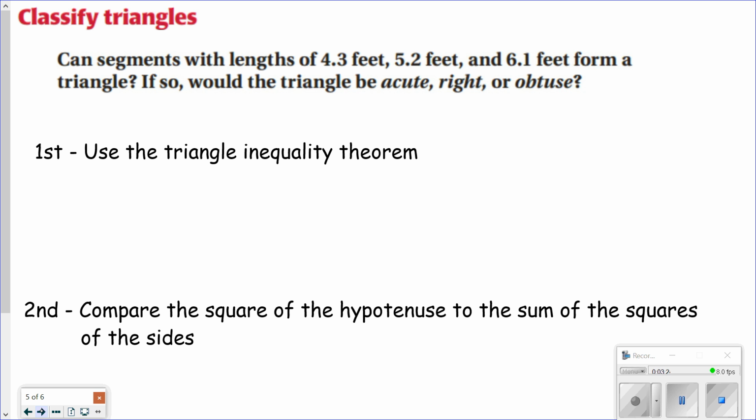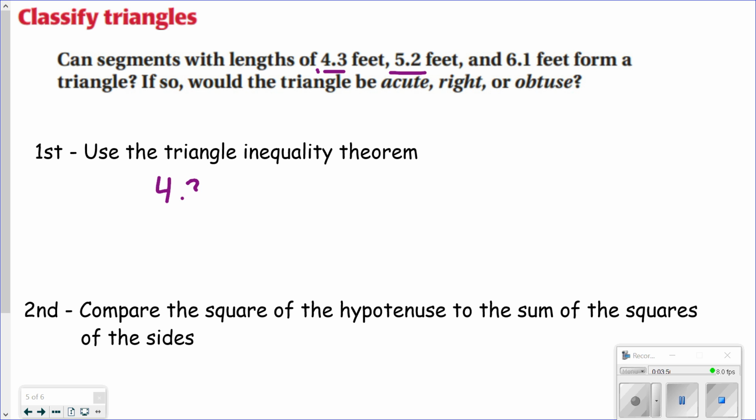Classify the triangles. Can the segments with the lengths of 4.3 feet, 5.2 feet, and 6.1 feet form a triangle? If so, would the triangle be acute, obtuse, or right? All right, so the first thing we need to determine is, can these side lengths create a triangle? Our first step is to use the triangle inequality theorem. I need to look at my two shorter sides, which in this case is 4.3 and 5.2, and add these up.